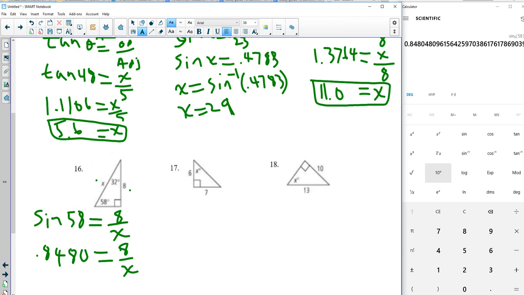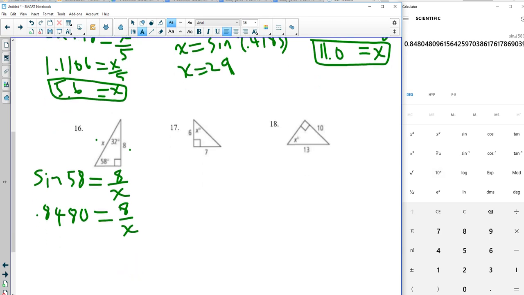So now we've got to cross multiply and divide. If you cross multiply and divide, you're going to end up bringing the x over here and then bring that number down there, because when x is on the bottom, you've got to cross multiply and divide. Up here, x is on the top, so all you've got to do is multiply. So x is going to equal 8 divided by 0.8480.